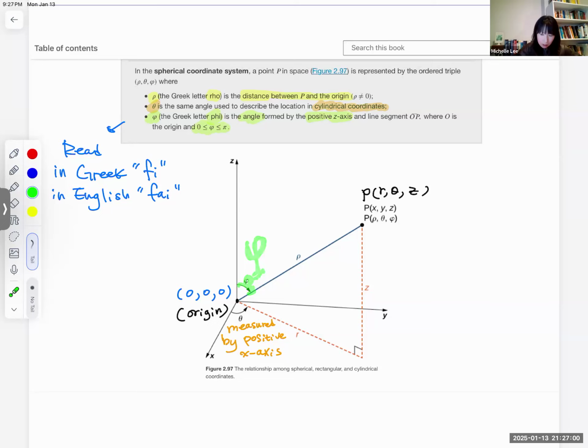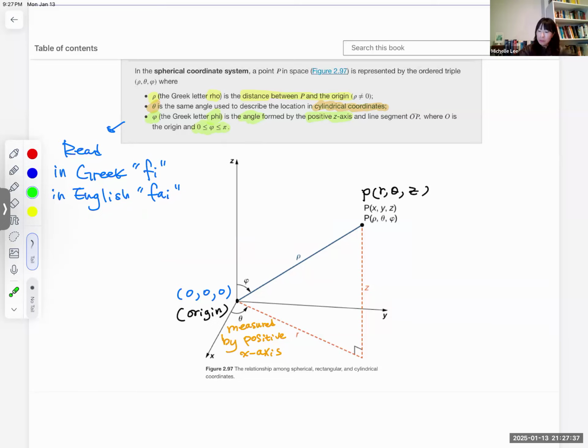And they say that phi is between 0 and pi, right? So let's just use phi, I get confused. So I'm going to read this as phi.